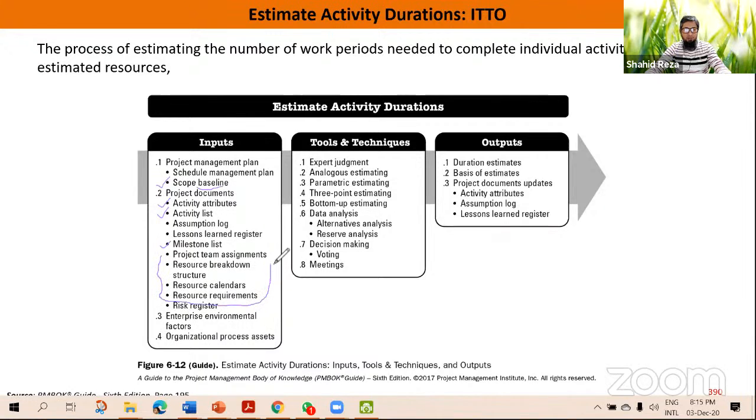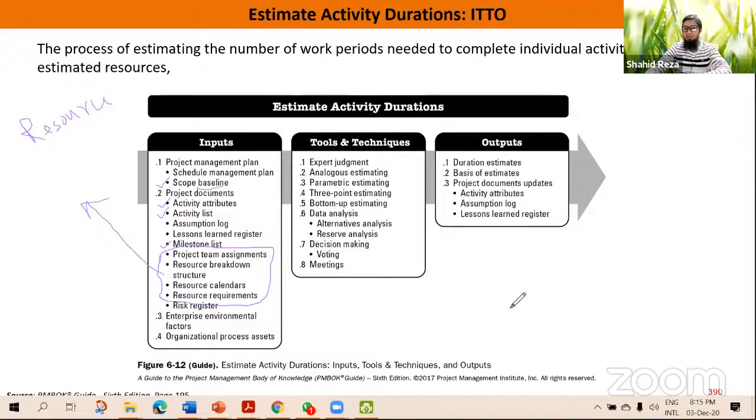I am drawing here these four inputs. We took these from the resource management chapter. Chapter number 9 will discuss project resource management. From that chapter, these inputs are taken.